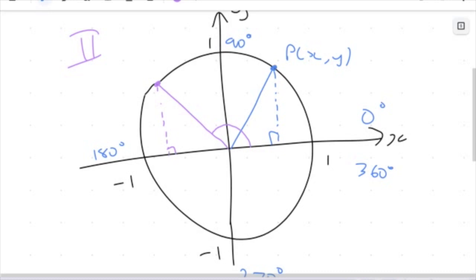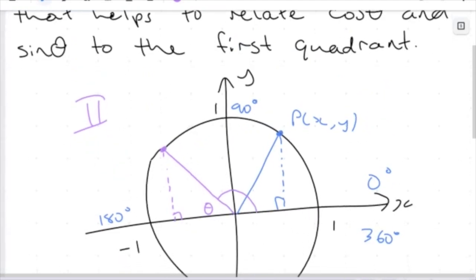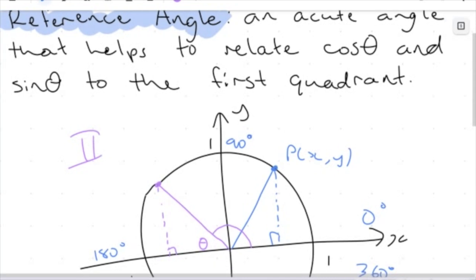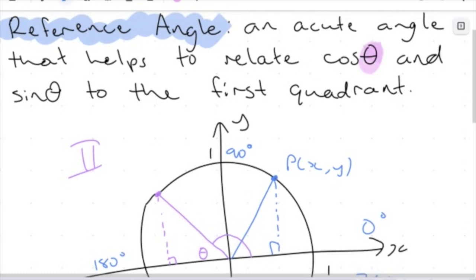But when we work with this, we need to know what this angle is here. We need a reference angle in this second quadrant, which relates it to what's happening in the first quadrant. Because we still want an angle theta, here and here, that's between 0 and 90 degrees, so we can use right angle trig.